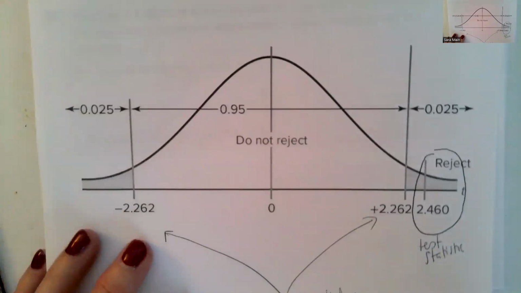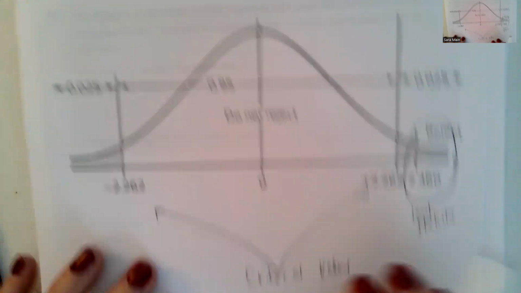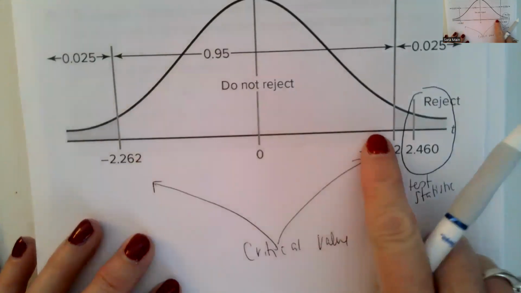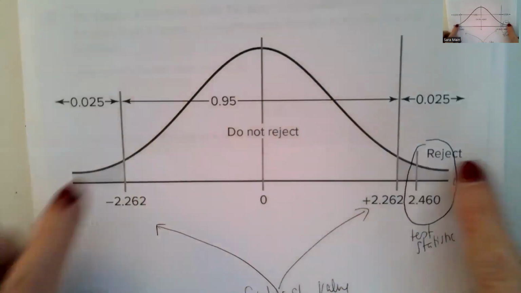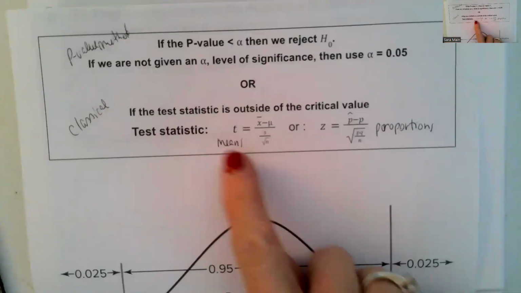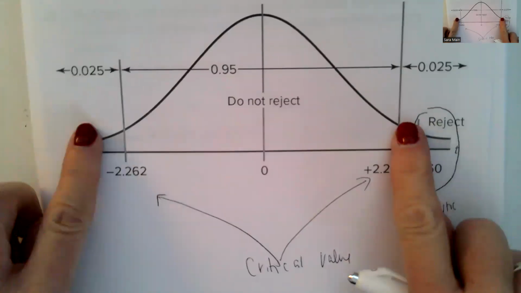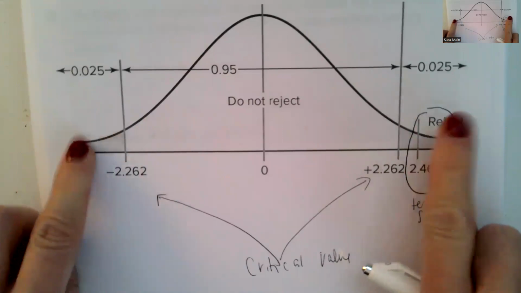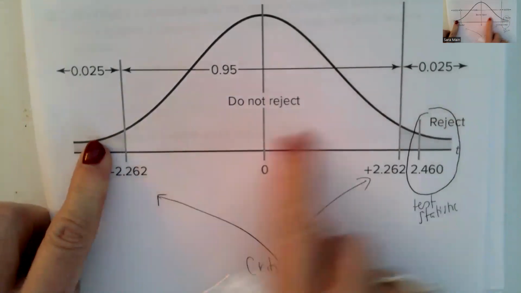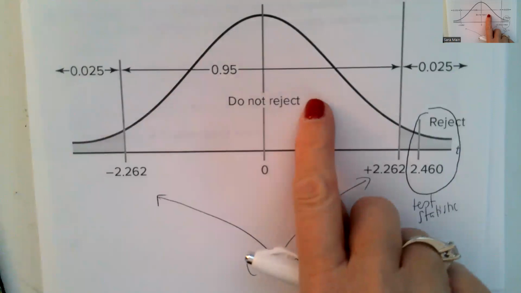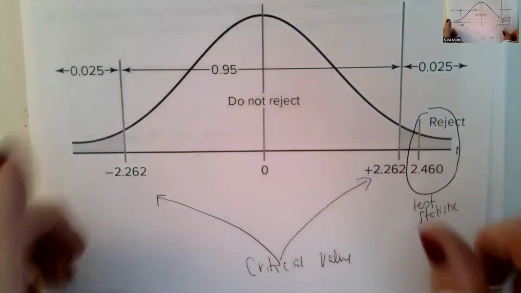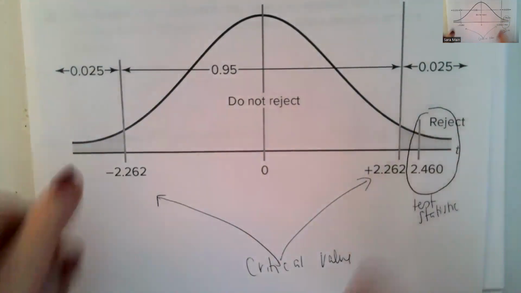We're going to do several in lesson 8.3. But we're going to mark our critical t-value. And then any test statistic, t or z, that falls outside of those critical t-values, we're going to reject. You don't reject what is in here. So far this semester, we've said 2 has been our break point, right?